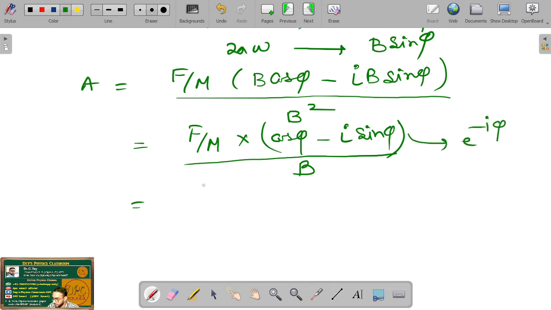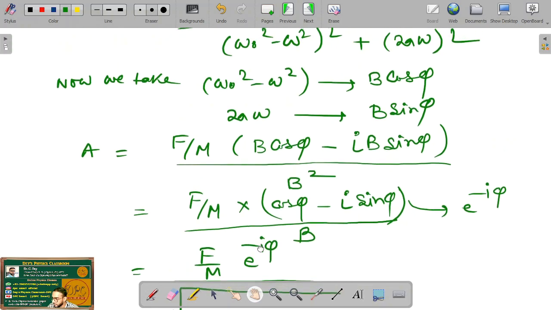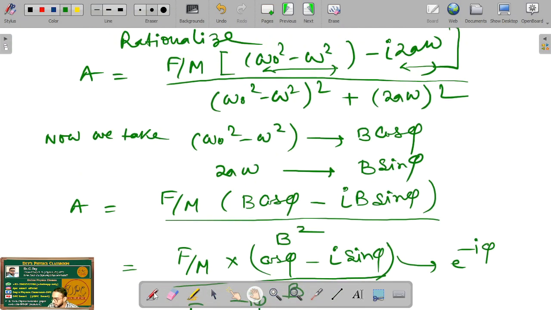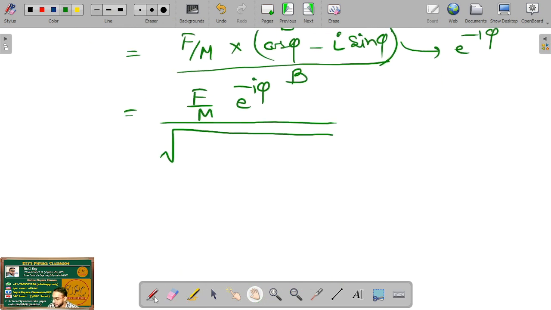So we write it as F by m into e to the power minus iφ divided by b, where b means the square root of ω0² minus ω² whole square plus 2aω whole square. This is the value of A.